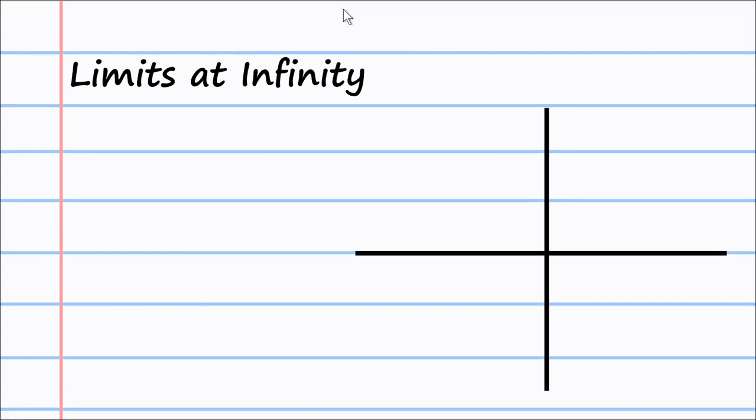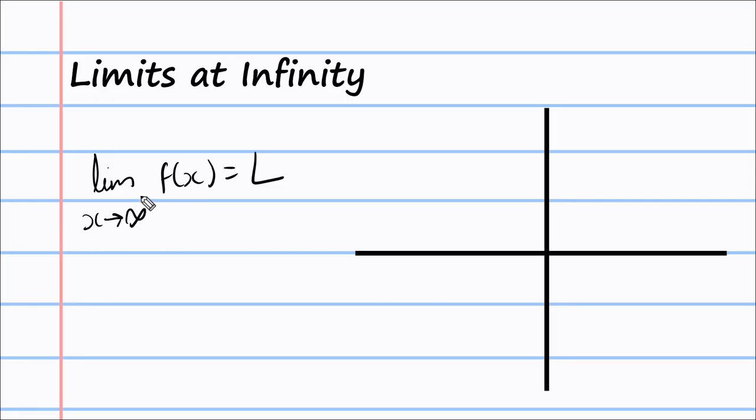Okay, so we just covered infinite limits, but now we have to cover limits at infinity. Limits at infinity are basically horizontal asymptotes. These are the type of limits that ask you the limit as x approaches infinity of f of x equals L. What does f of x approach as we let x approach infinity?